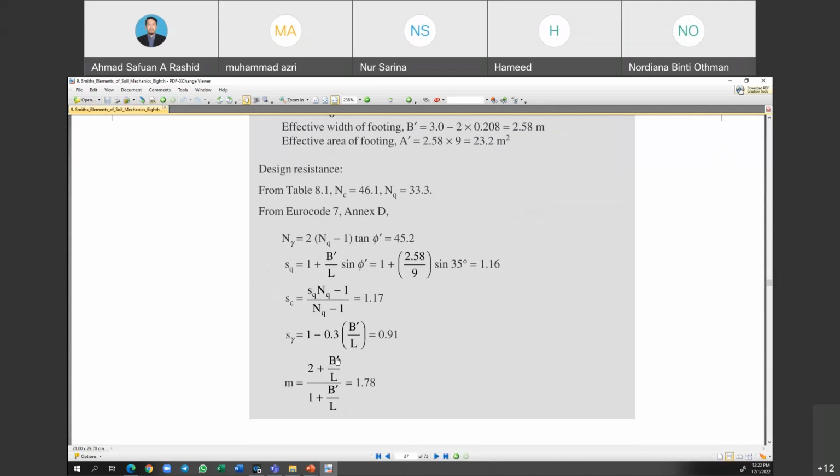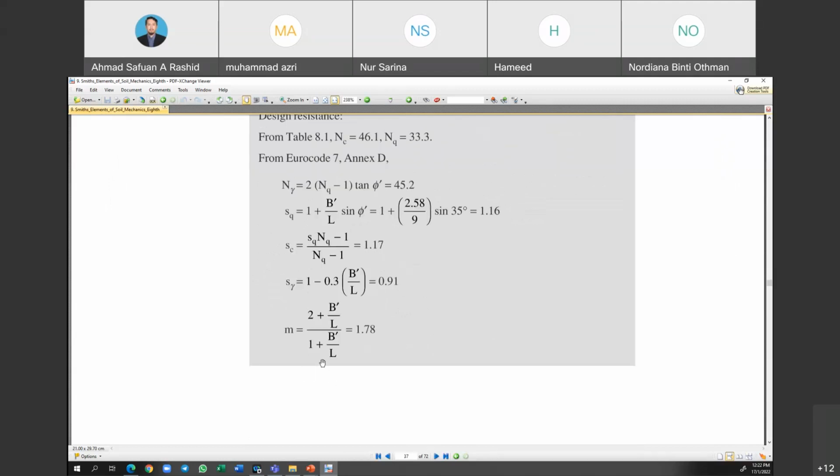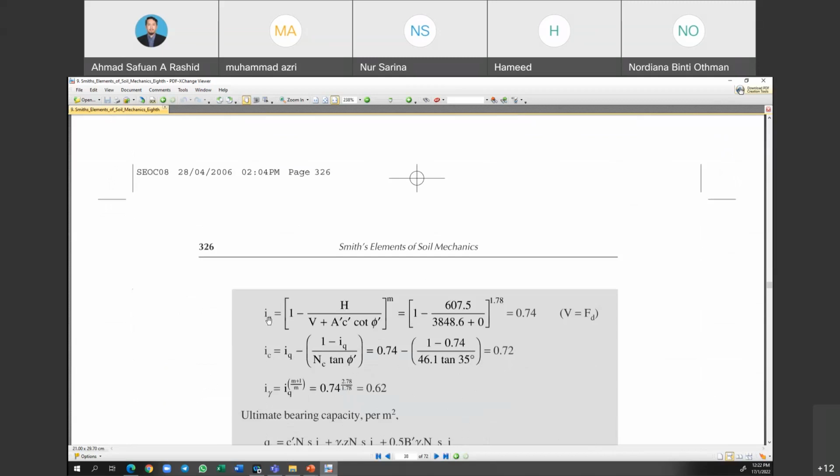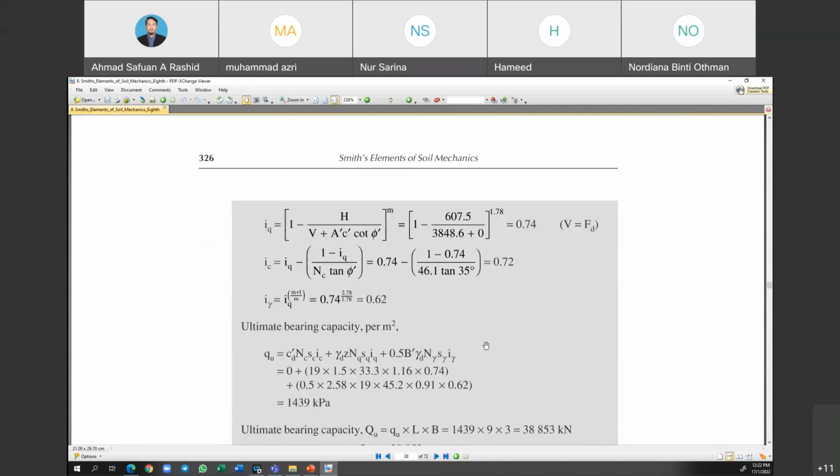B prime over L plus 2, and then B prime over L plus 1, so we get 1.78 to be included in the inclination factor. Then we put the IQ, IC, and also the I gamma. So that is for the inclination factor value.